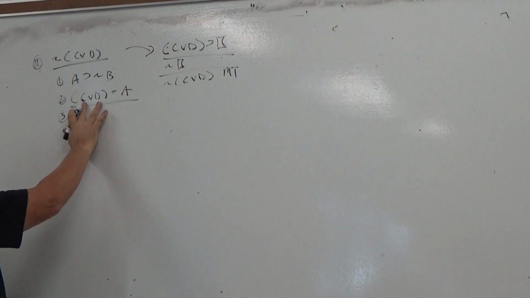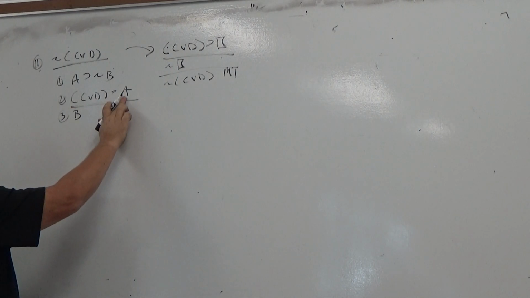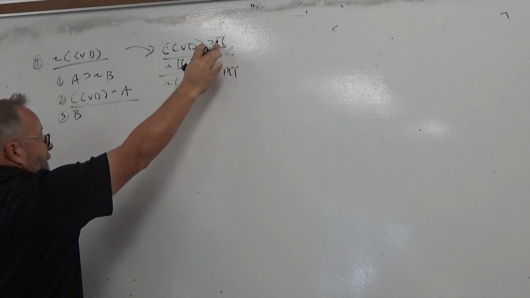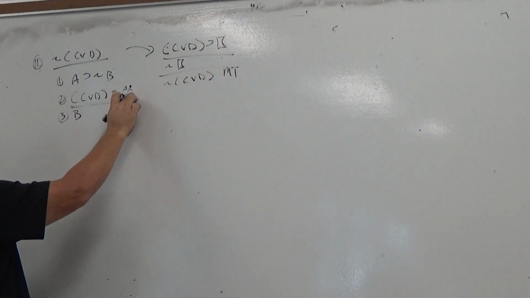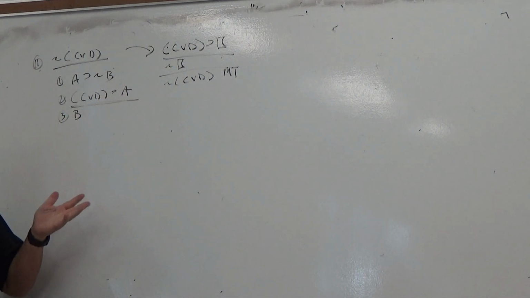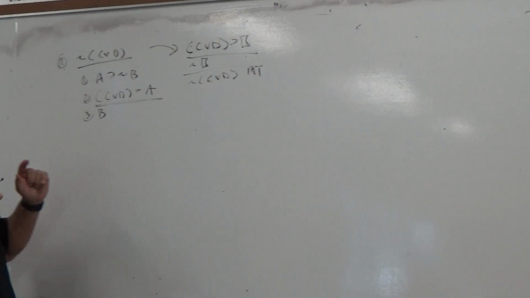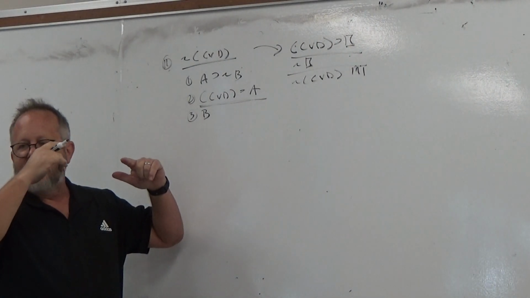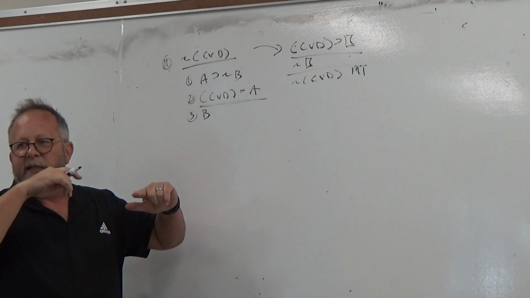To get not C or D from this, I need the opposite of the consequent. I need a not A. Let's look for a not A. I don't see a not A, damn it. So think about the algorithm, right? If I can't find what I need, I look for its opposite in an antecedent.